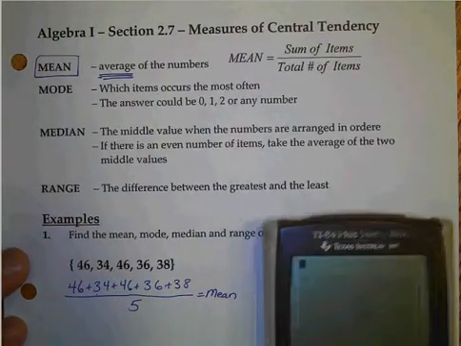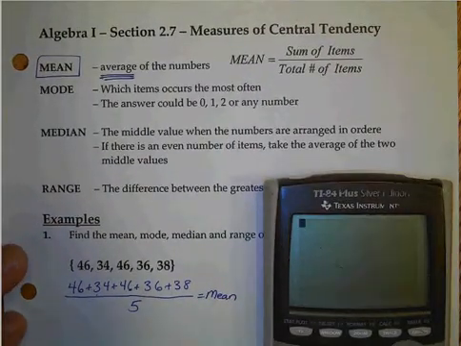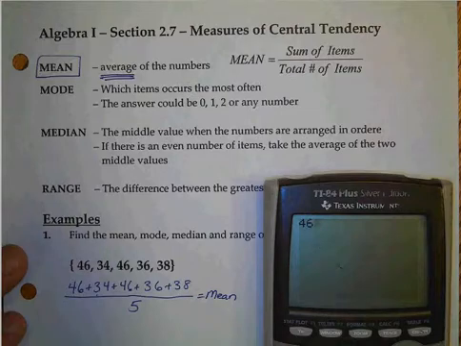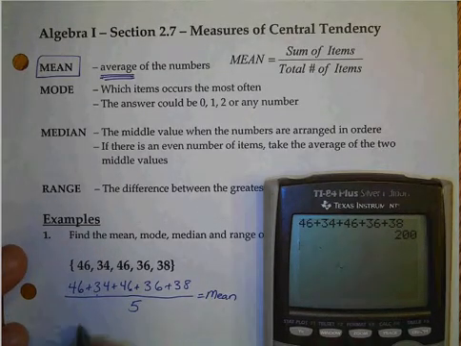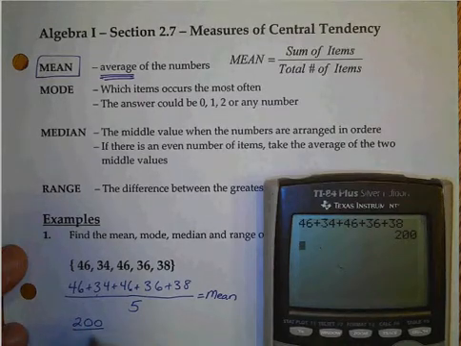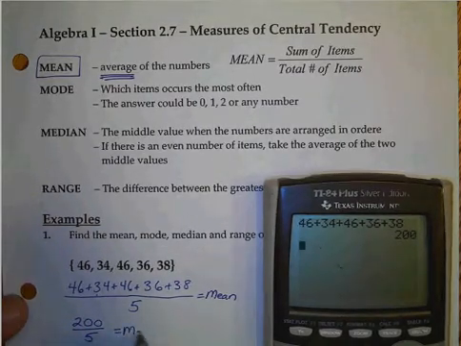So as we add these up, let's just take a look. We have 46 plus 34 plus 46. If you're not doing this on your own, get your calculators out and do this with me. So our total is 200. Very convenient. Isn't it amazing how it just happens to be 200?